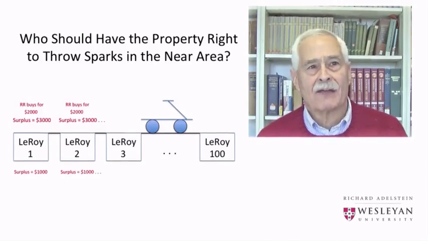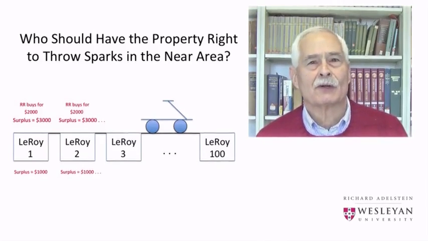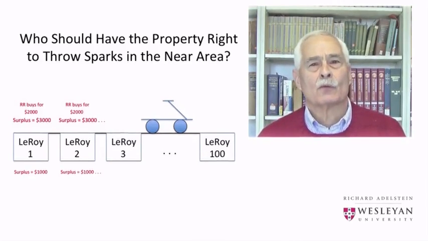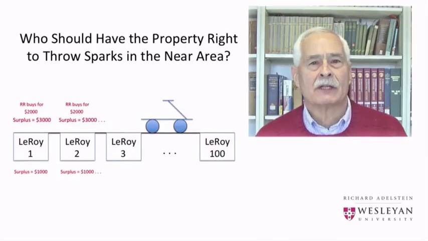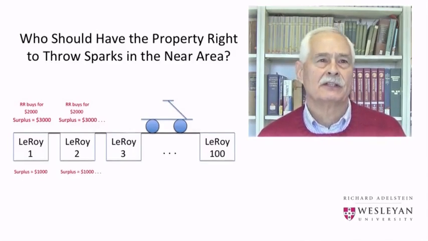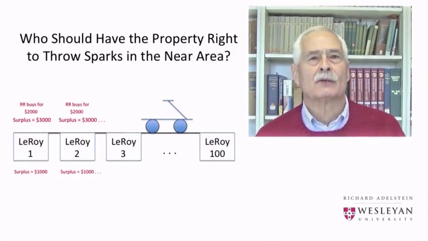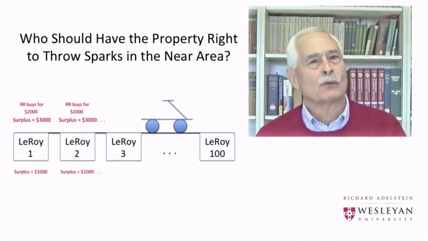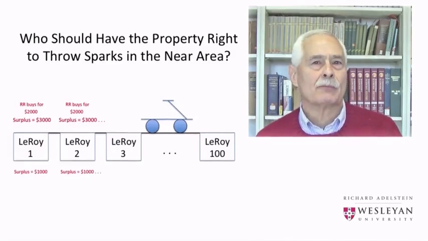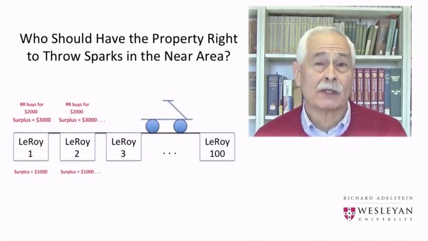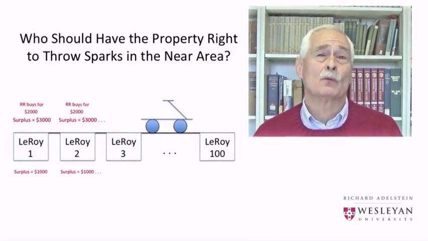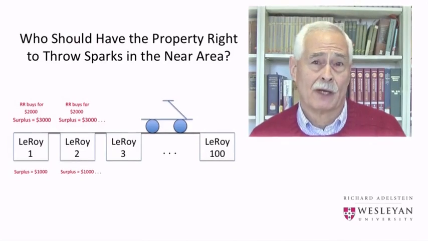Because it earns $5,000 from that activity, the railroad winds up with a $3,000 surplus. That is to say, the value of the property right to the railroad, $5,000, is $3,000 greater than the price that the railroad has actually had to pay to LeRoy number 1 to get that property right.